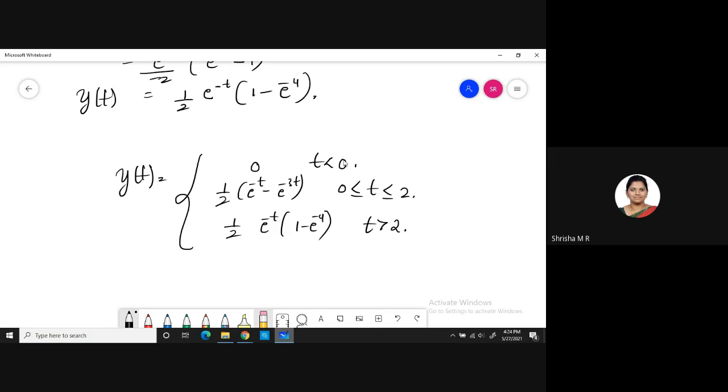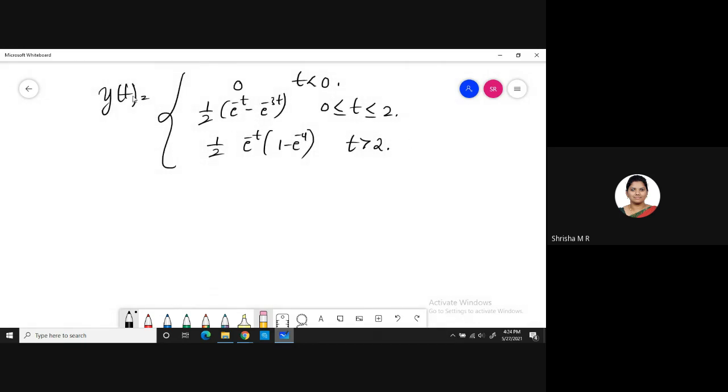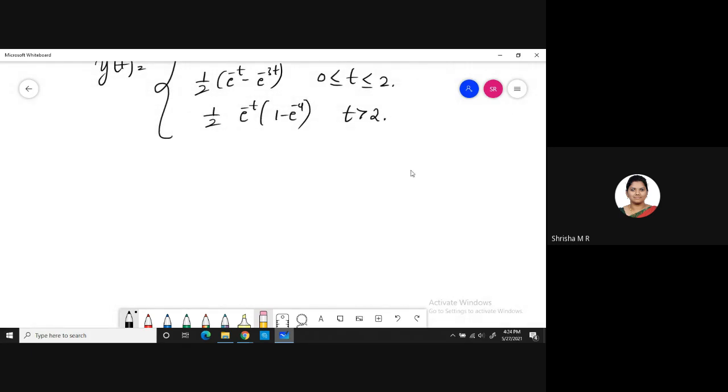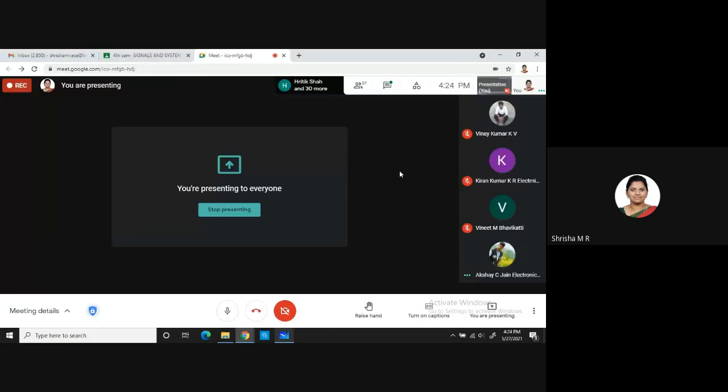So there are three cases if one is finite and one is infinite. At the end, you write the three cases. Is it clear, guys, this problem?